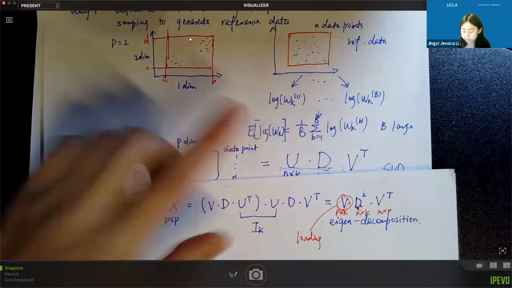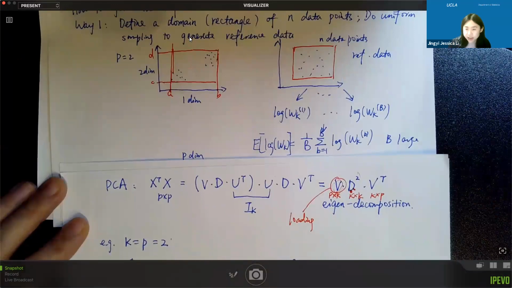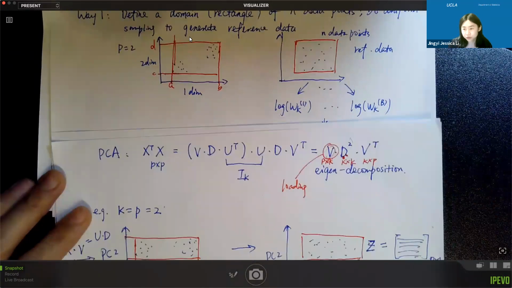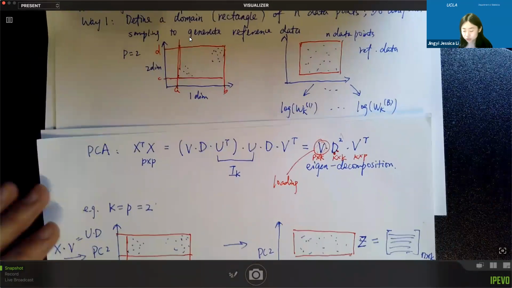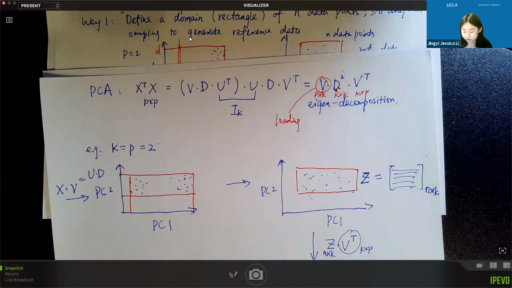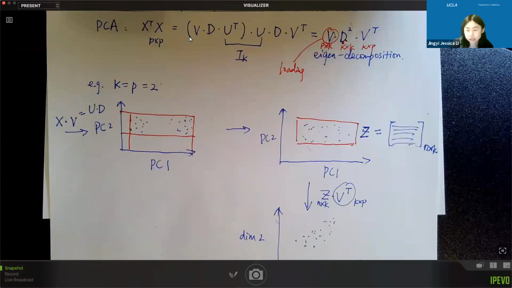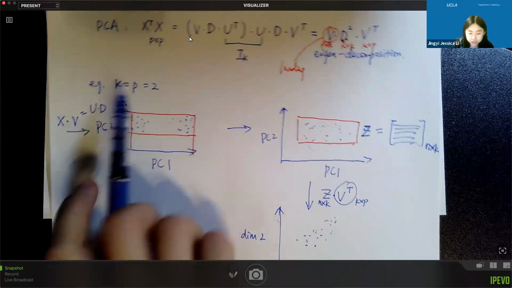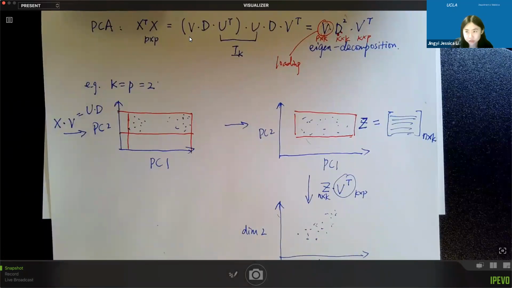So you see that PCA or SVD is a very magical thing. It can help you get the more meaningful dimensions from your original matrix. And as we'll see later, this is especially useful for gene expression data, because we know over there the P dimensions are P genes. And we know that many genes are highly correlated with each other. So therefore, they may just be combined and represented by one new dimension.